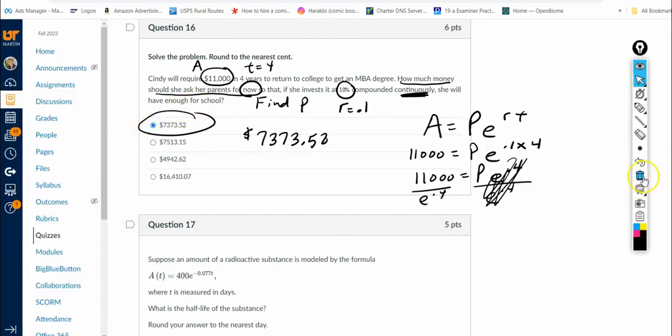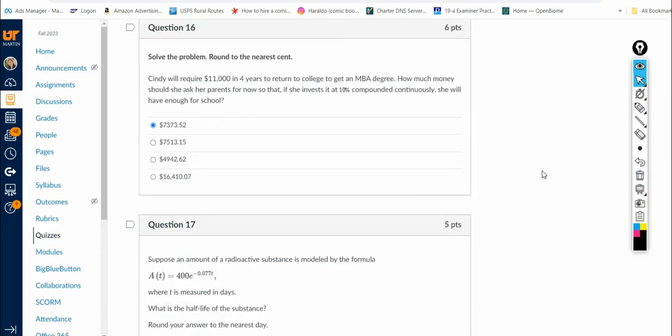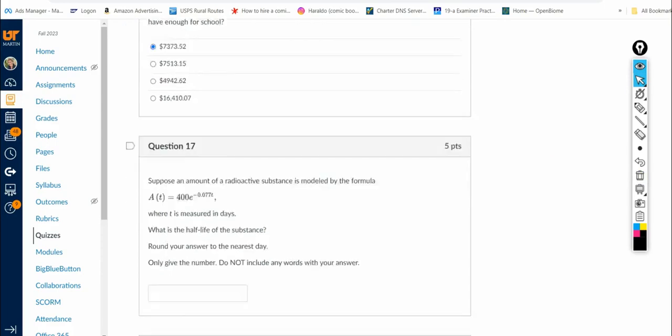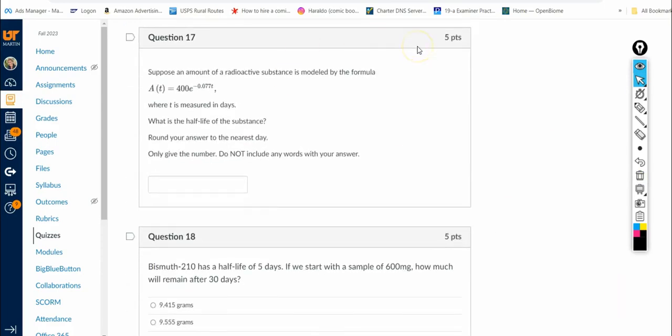Okay. Now we've been given the formula. Your amount after time t is equal to that. Okay. What is the half-life of the substance? Okay.